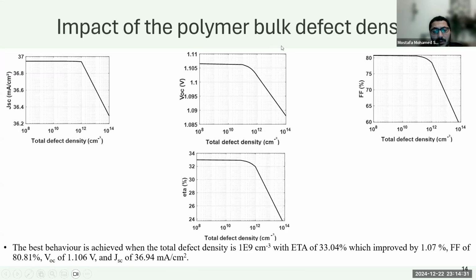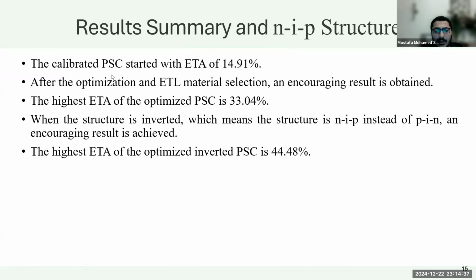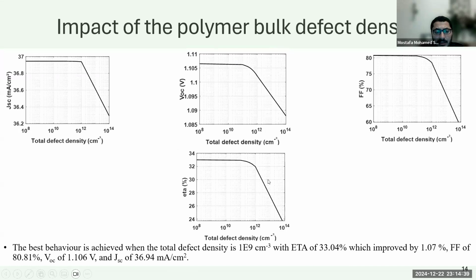The impact of the polymer bulk defects density has a significant impact on the performance. Decreasing the total defect density in the bulk of the absorber layer, of course, will increase the performance.